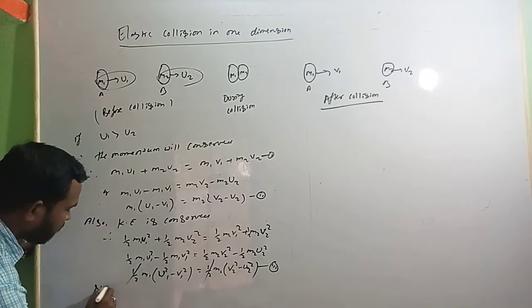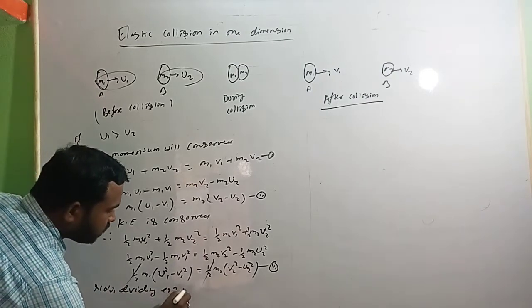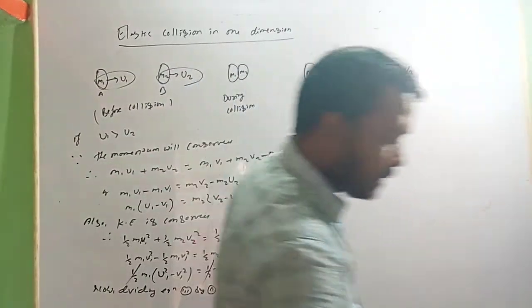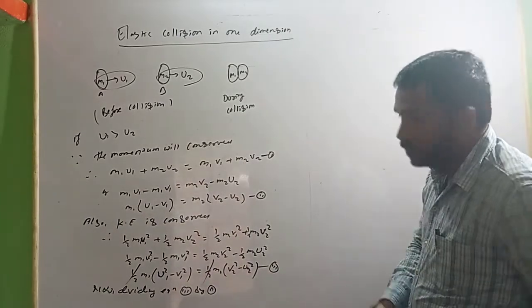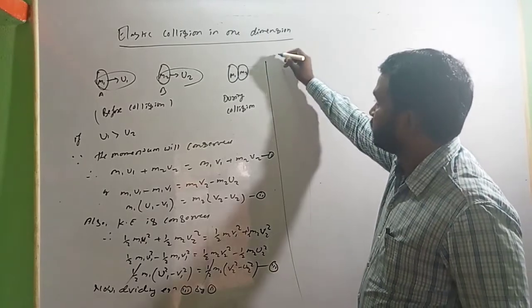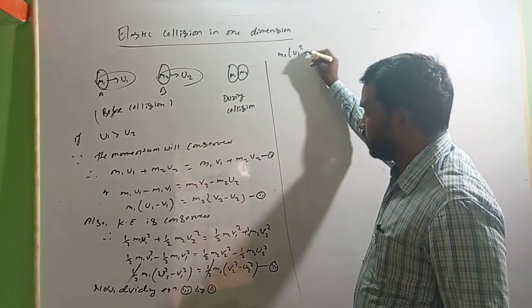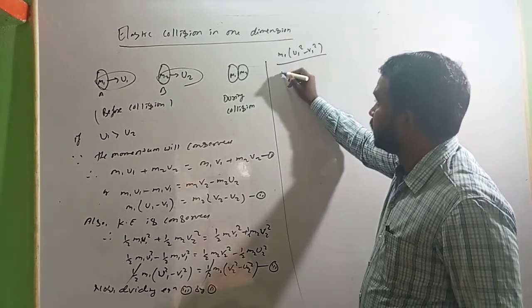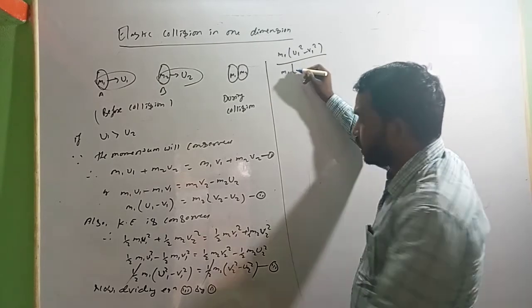So now dividing equation third by 2. On the left side you will write m1 times u1 square minus v1 square divided by m1 times u1 minus v1, from equation 2.